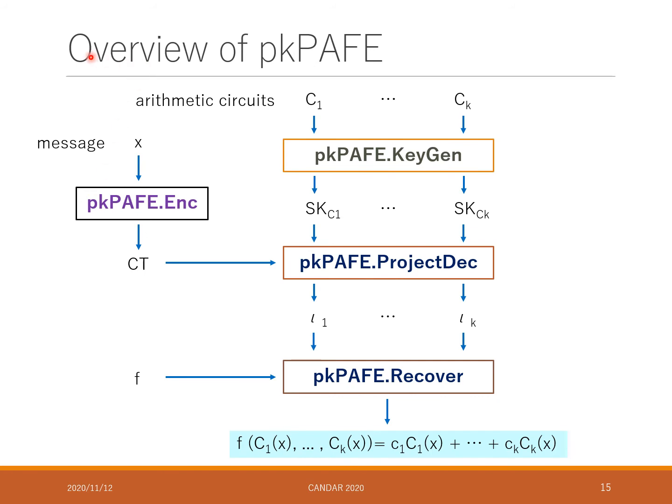Okay, this slide is an overview of PKPFE. A message X is encrypted by encryption to CT. By key generation, arithmetic circuits C1 to CK are converted to functional keys SKC1 to SKCK.